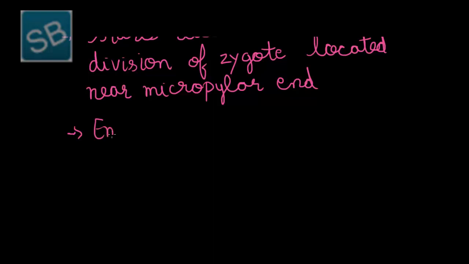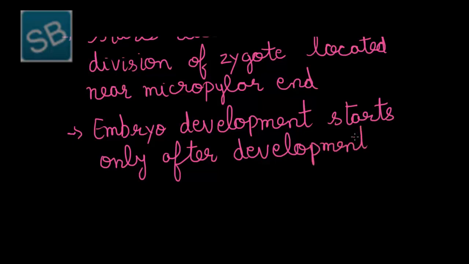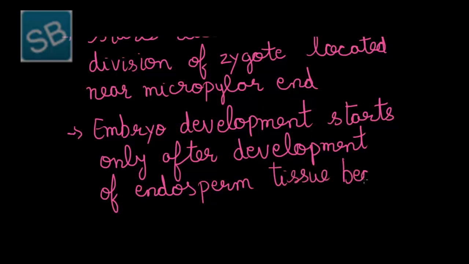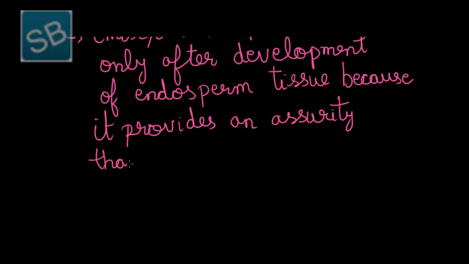And therefore, embryo development starts only after the development of endosperm tissue occurs, because it provides an assurity that there are reserves of food material for the developing embryo.